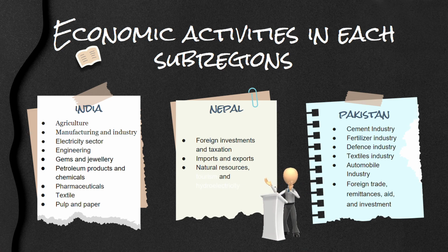The tourism industry contributes about 9.2% of India's GDP and employs over 42 million people. India also ranks second globally in food and agricultural production, while agricultural exports were $35.09 billion. Next one is Nepal.